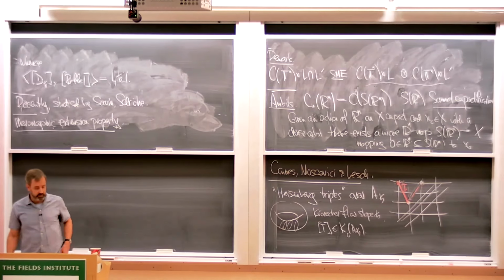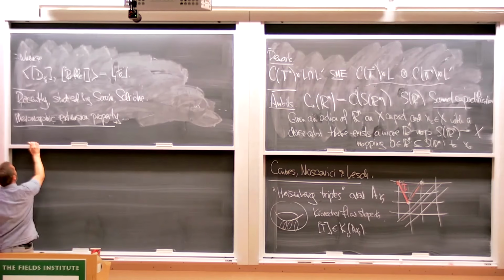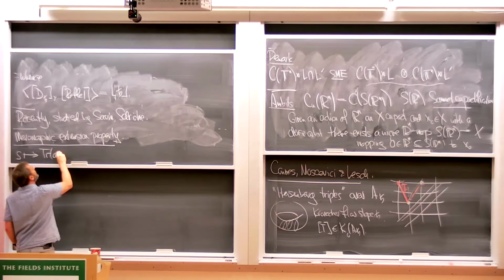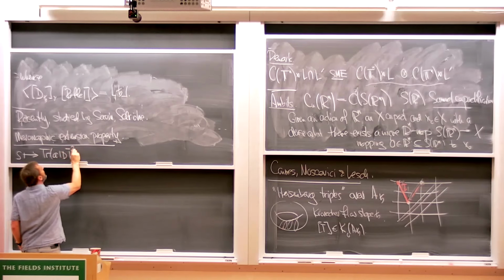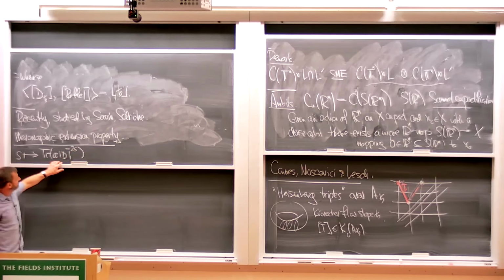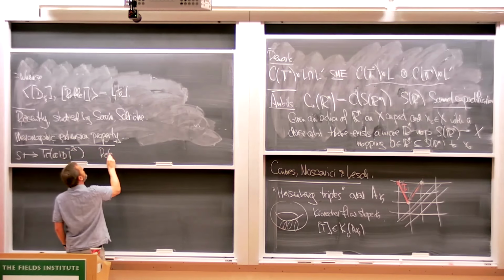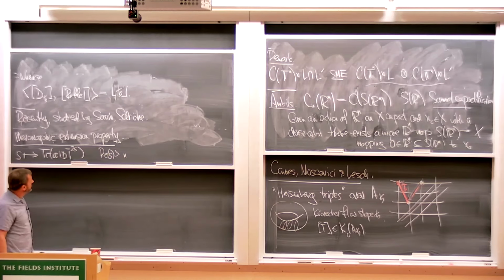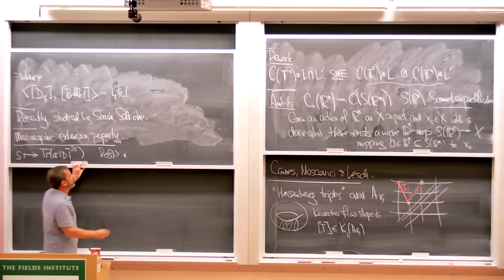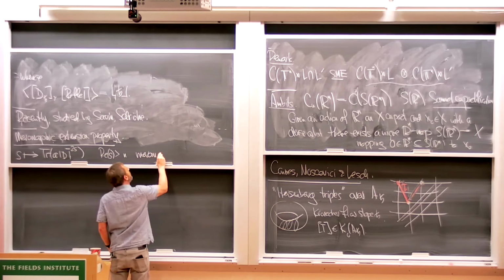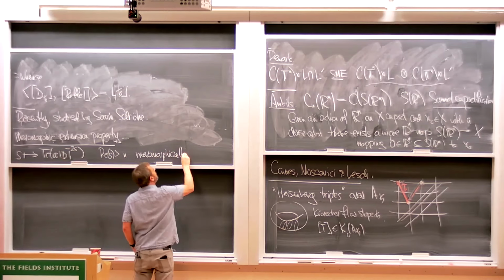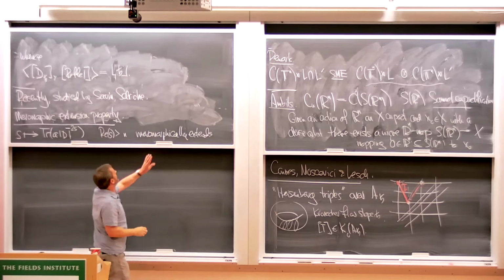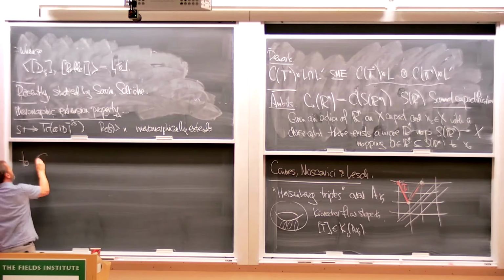So, you need something like this. F goes to the trace of A, B to the minus 2S, I guess. So this is defined for real part of S bigger than N. And you need this to meromorphically extend to the complex plane.